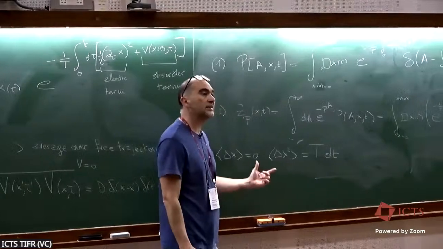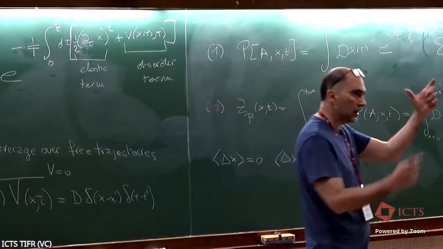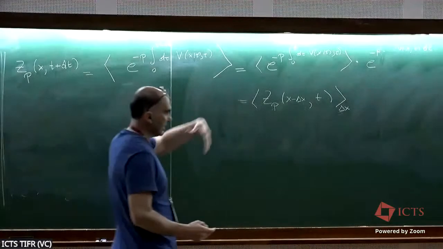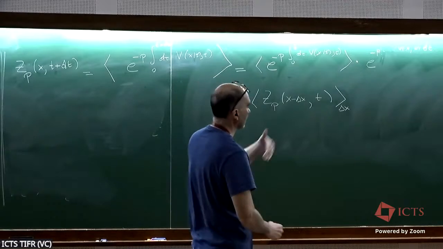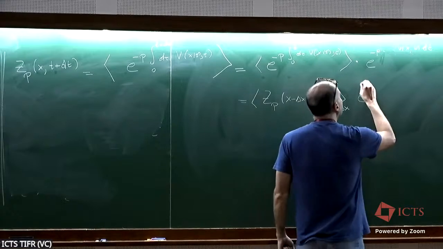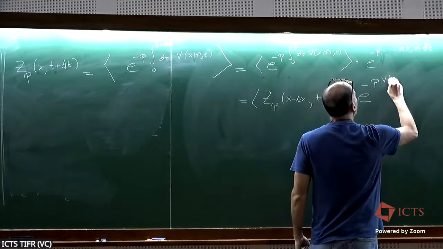Okay, so this is the average over the last jump. So I have a random walk. Each jump has this variance, okay? And when I have many jumps, I do the t times the mean square displacement. And then I have my term that doesn't move, which is this one.